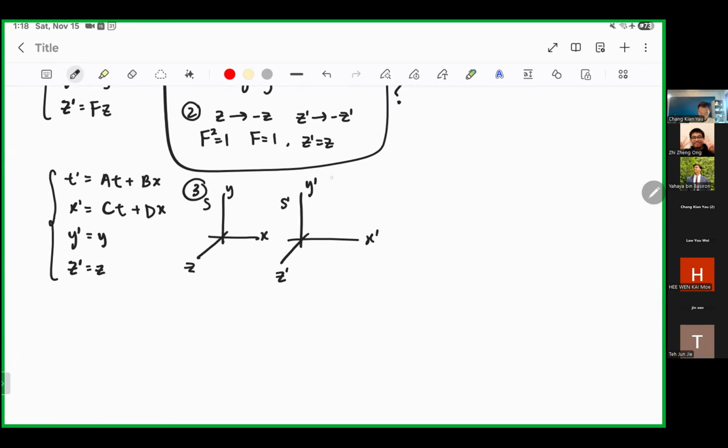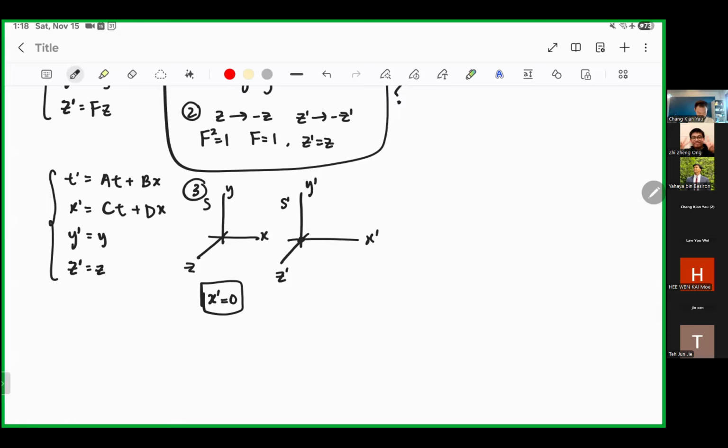Let's say we have a particle that's moving. Wait, does this make sense? Let's say we're looking at the condition when x prime equals 0. What this means is that for this coordinate here, it will move the same as this initial s prime frame, right?